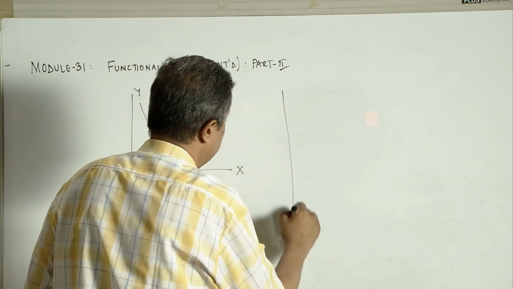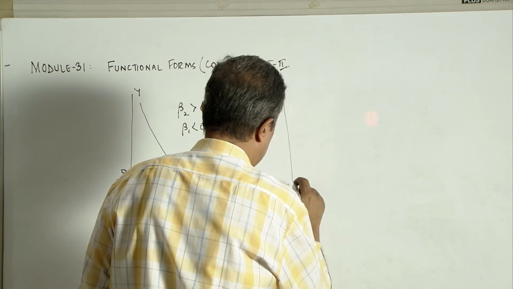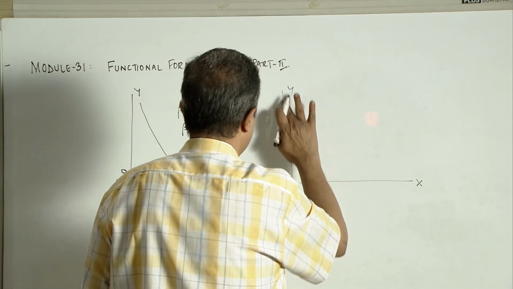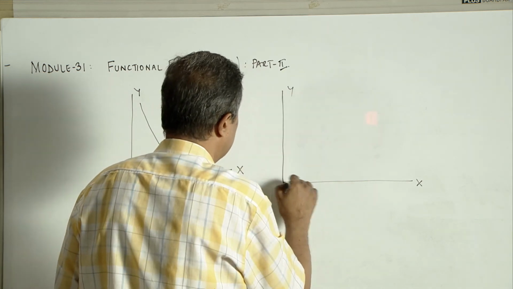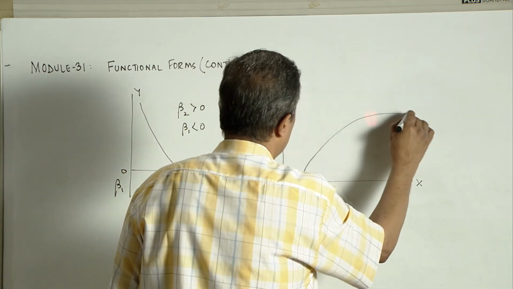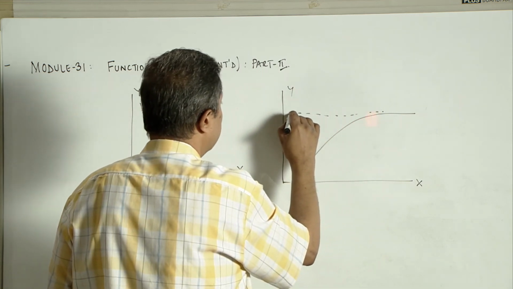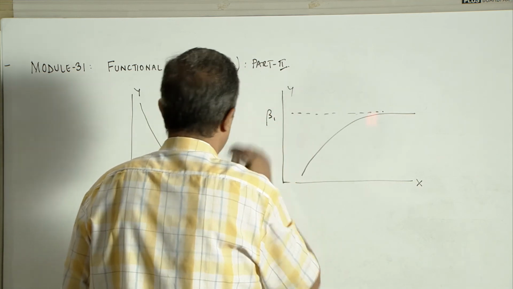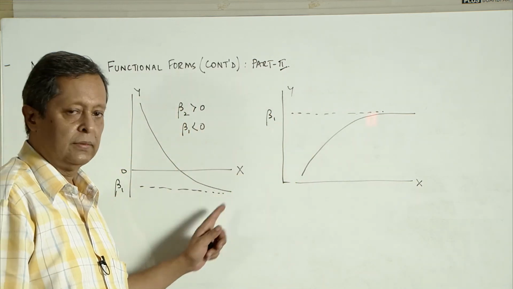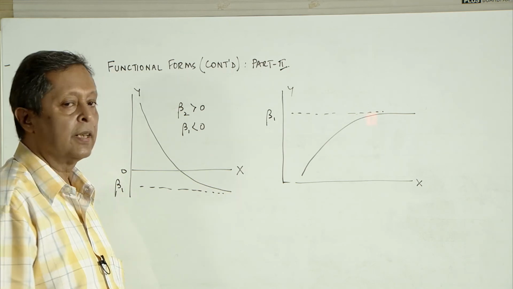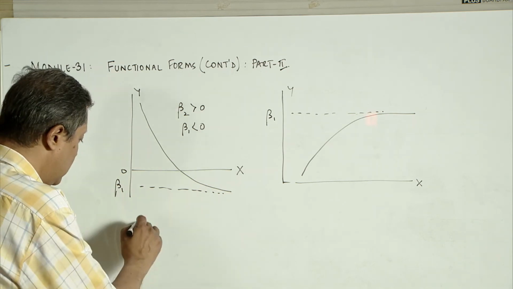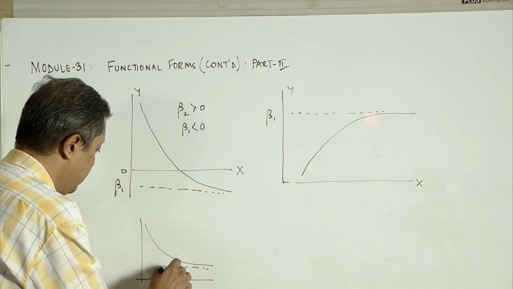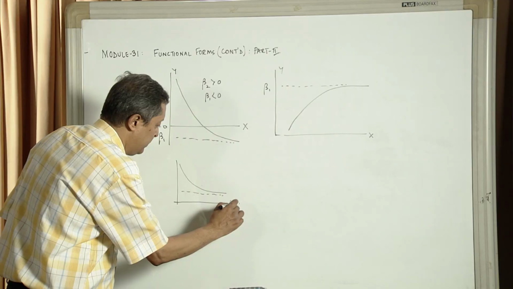Another possibility is where we have beta 2 to be negative. So, this is y and x, and if beta 2 itself is negative, then the relation asymptotes to beta 1, which is positive, but the graph looks a bit different. So, these are two other examples of reciprocal model, and the earlier one that we have already considered was the example of child mortality with per capita GNP.